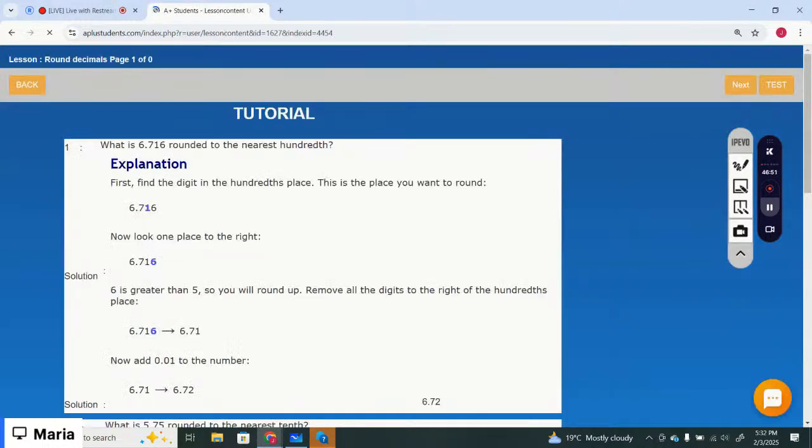Round decimals. What is 6.716 rounded to the nearest hundredth?